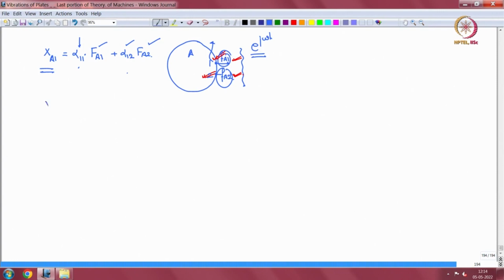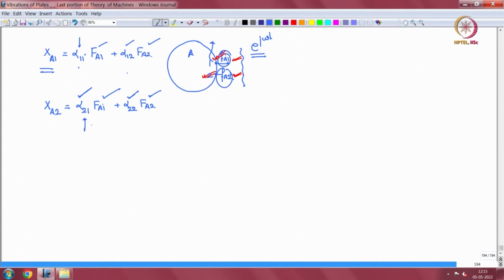Similarly, what is XA2? XA2 is alpha 21 FA1 plus alpha 22 FA2. What is this? Response at 2 for a unit force at 1 into the amplitude of the force at 1, plus response at 2 for a unit force at 2 into the amplitude of force at 2.